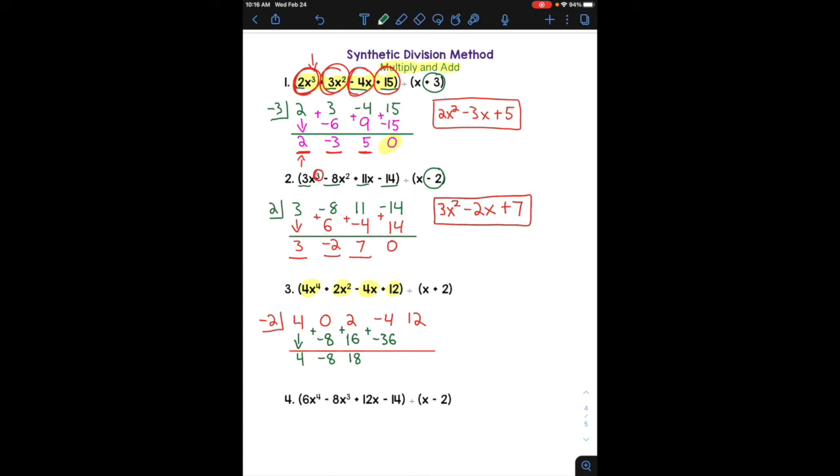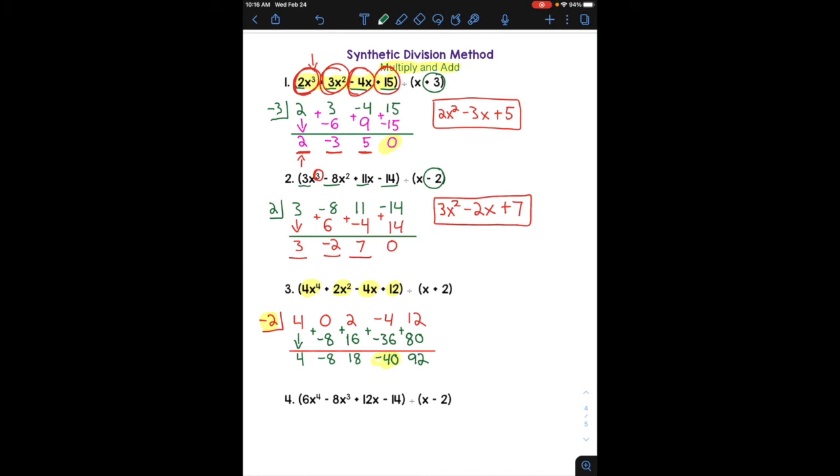Add straight down. Negative 36 and negative 4 would be negative 40. Multiply diagonally, negative 2 times negative 40 is positive 80. Add straight down to get now a remainder of 92.